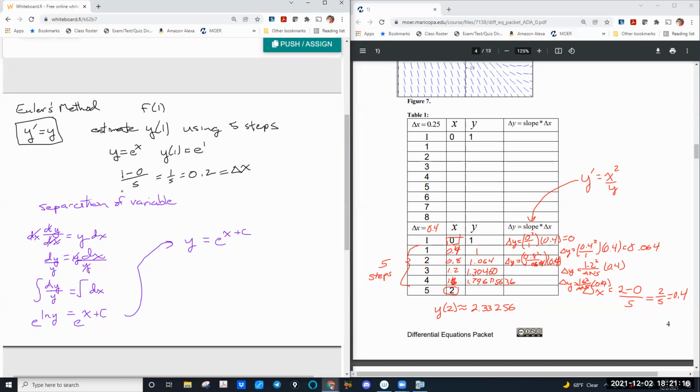Well, that doesn't quite look like the general solution we saw before because it had a multiplicative constant.